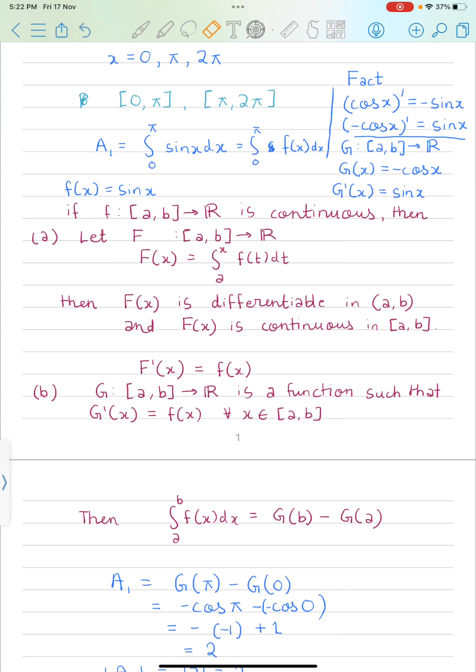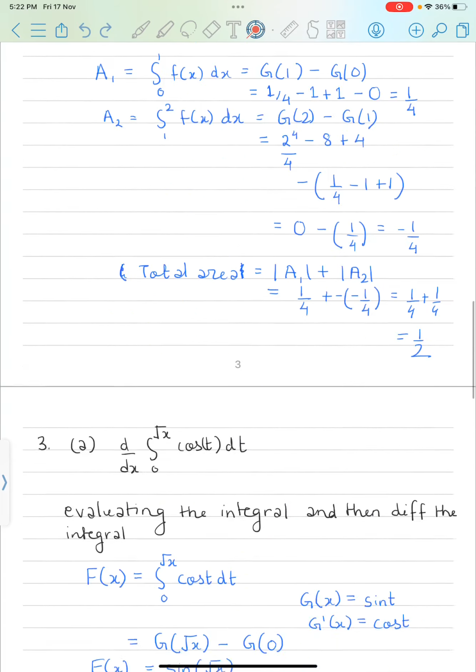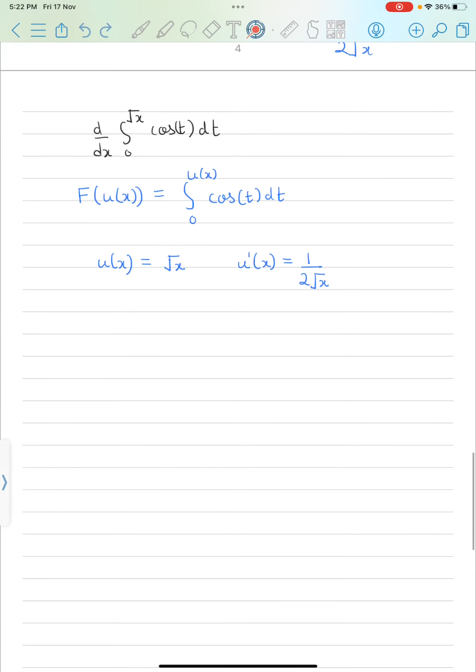F of x is the integral from a to x of f of t dt, and f dash x is equal to small f of x. So f dash of u of x will be small f of u of x.